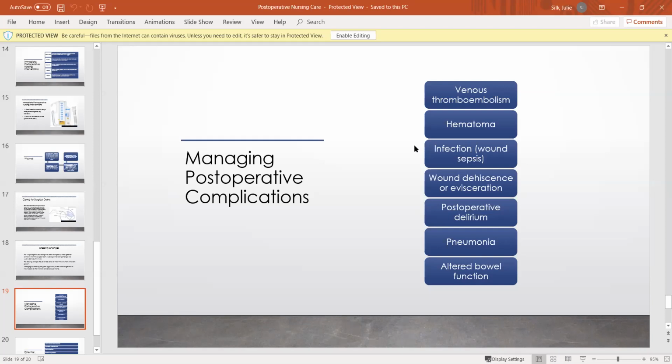Sometimes you can see an increase in their temperature, their pulse, their respiratory rate. Things that we do for this would be we encourage coughing and deep breathing. We encourage incentive spirometer use, turning and positioning.